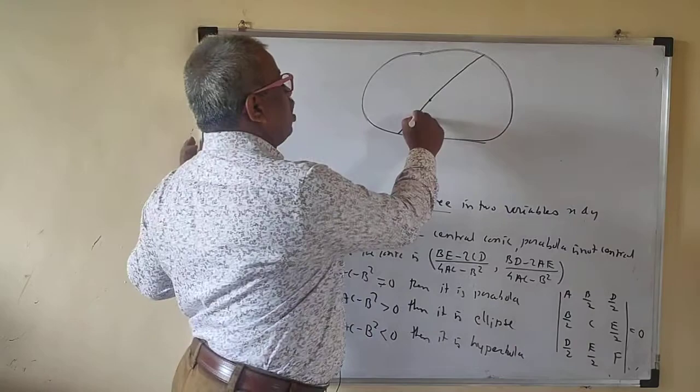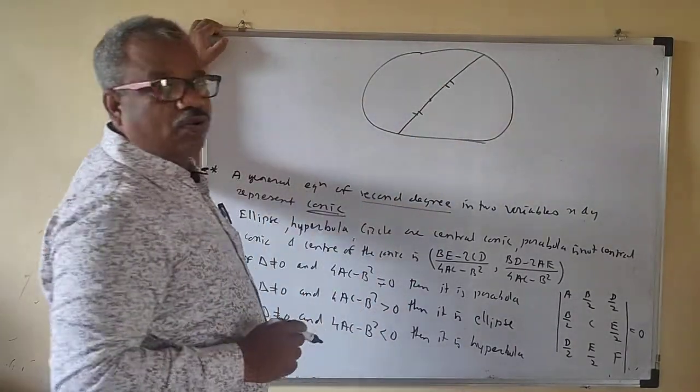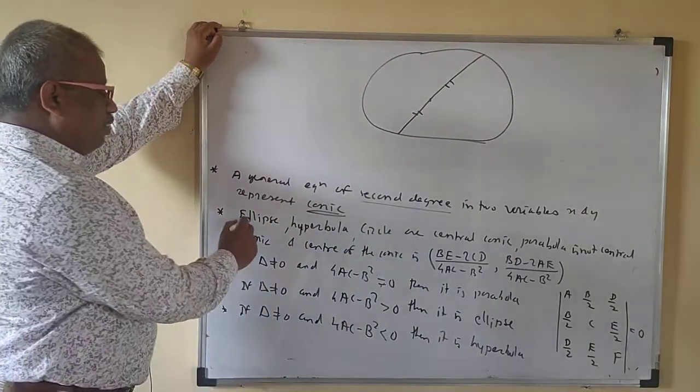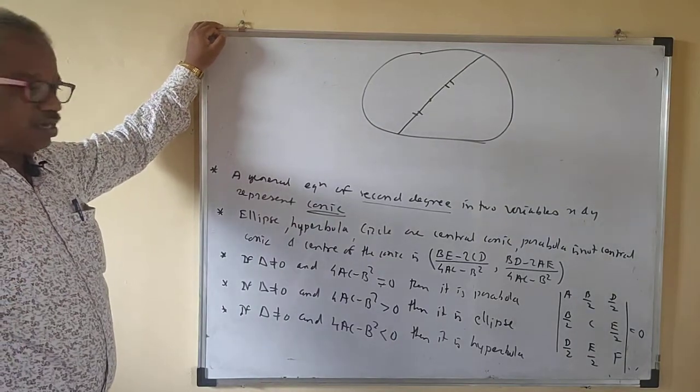That means these two are equal. Then this is the center of the conic, and that conic is called a central conic. So ellipse, hyperbola, circle are central conics. Parabola is not a central conic.